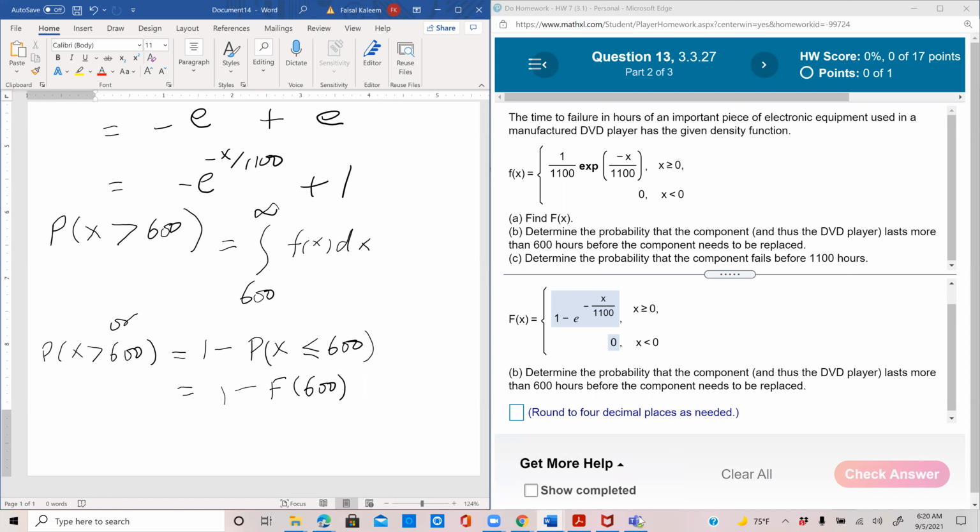So F of 600 would be obtained from here: 1 minus e to the minus 600 by 1100.